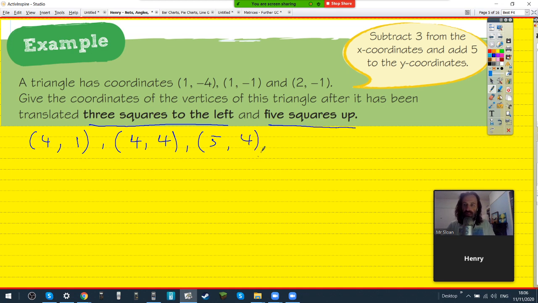Not minus, just 4. Yeah, that's it. 4, 1, 4, 4, 5, 4.